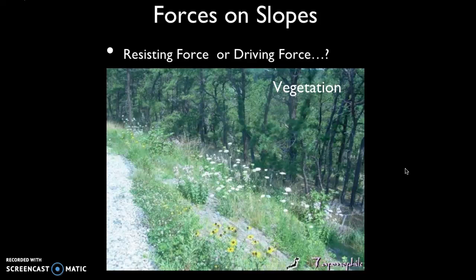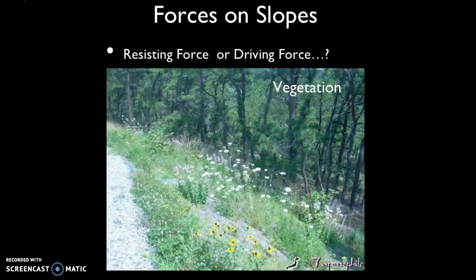So it's easy to think about it as a resisting force. It's going to oppose the main downslope movement. It's also going to decrease the amount of moisture in the soils by using that moisture in the soils. So that's going to help not weaken the slope itself.